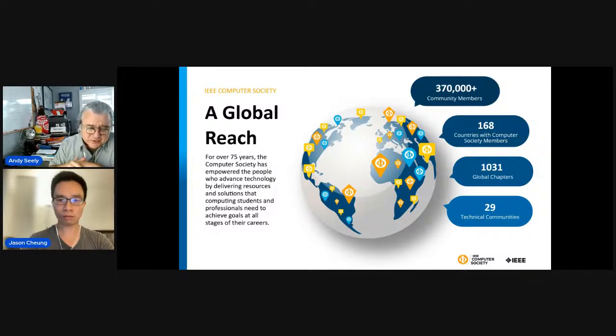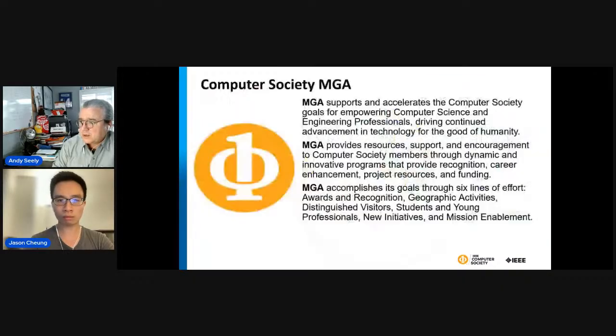We also have the Standards Association for the Computer Society, where we manage and maintain and update and create standards that are relevant to the computing domain. And I think that's it. I may have forgotten somebody, but if I do, I'll come back to it. But that's the division of labor within the society.